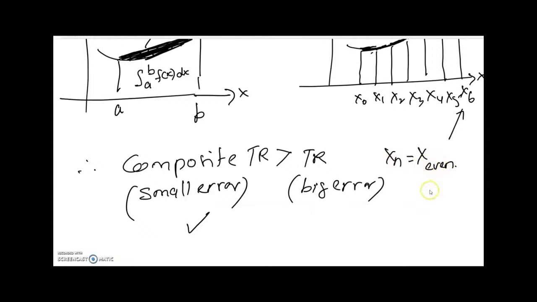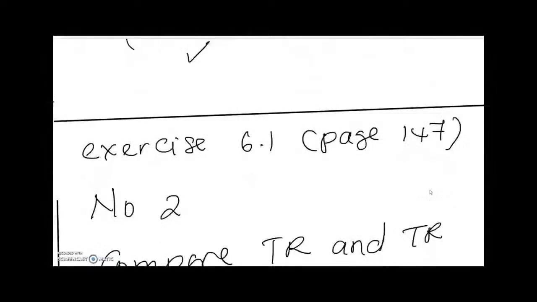What is the error? The area between the trapezium and the graph, under the function y equal to f(x). All right.